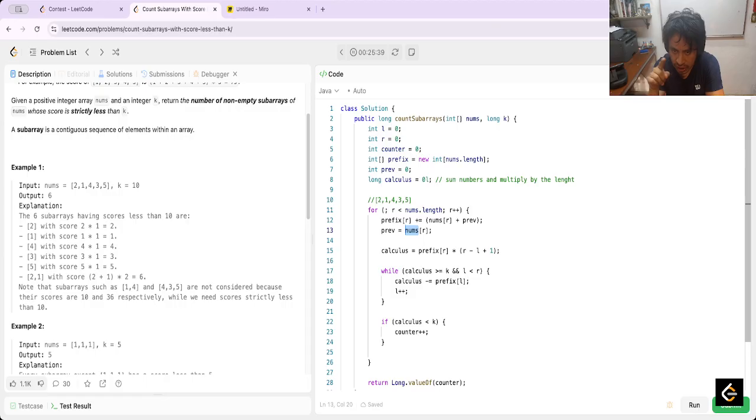Wait, when go again, prefix in the position 1 plus equal nums is 1 plus 2 is 3.